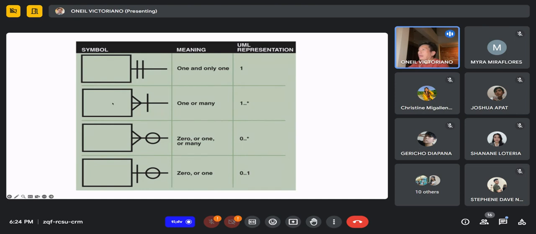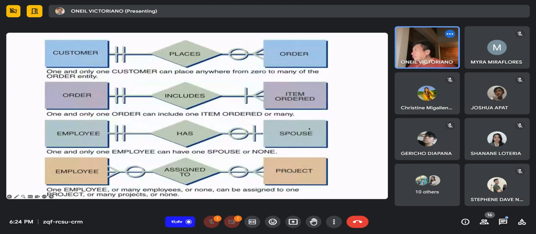While here, the one near this symbol will have many as maximum, and then we have one. Here, zero is the minimum, while this one is the maximum, many. So this notation is crow's foot, while this one is UML notation.